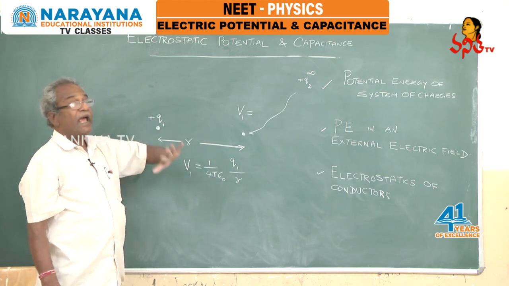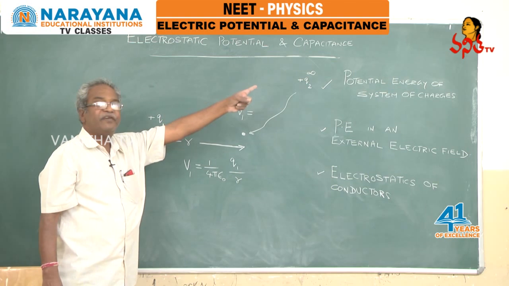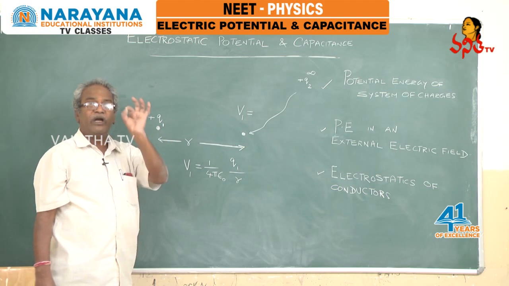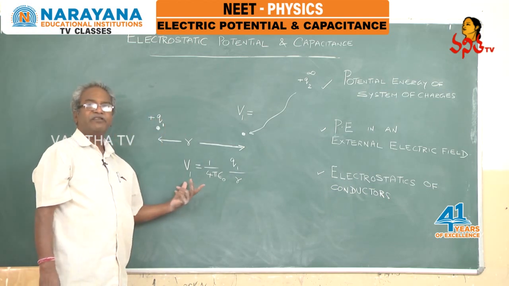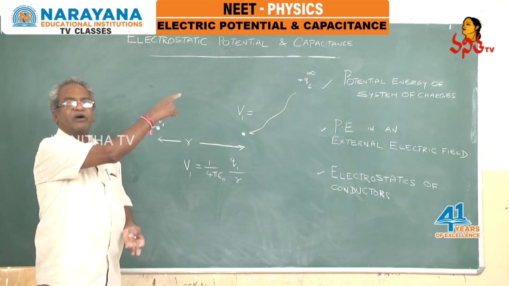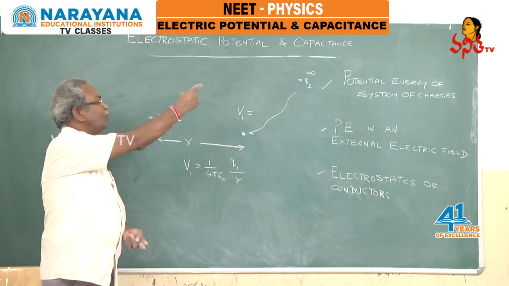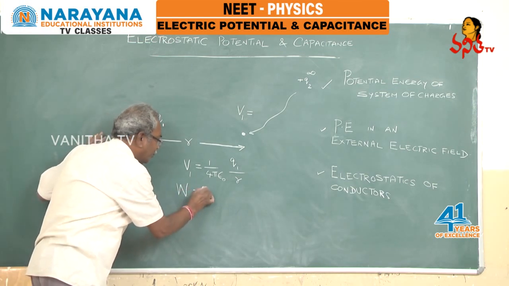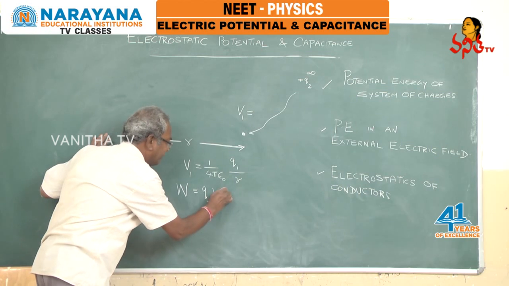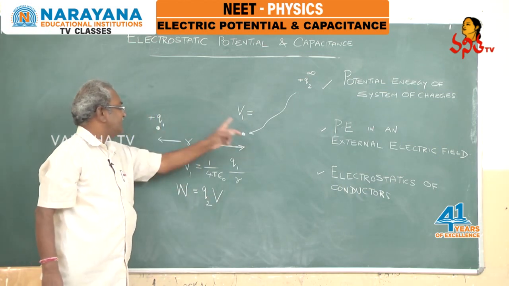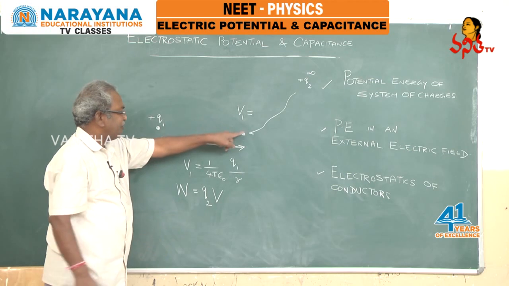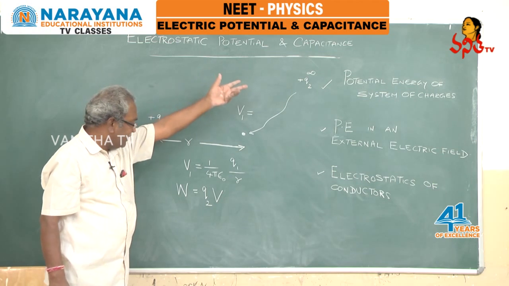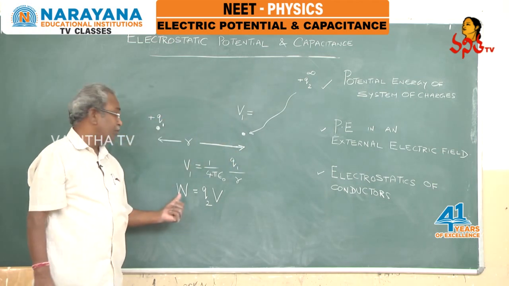But now we are carrying a charge plus Q2 from infinity to this point. If the work done on a unit positive charge is V1, then to bring a point charge Q2 from infinity to this point, the amount of work done will be Q2V. Able to follow?